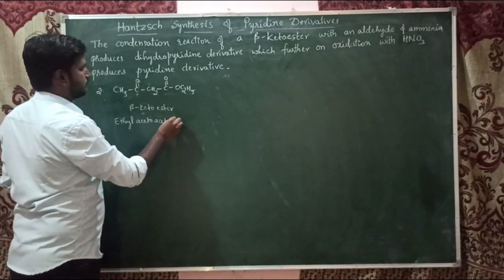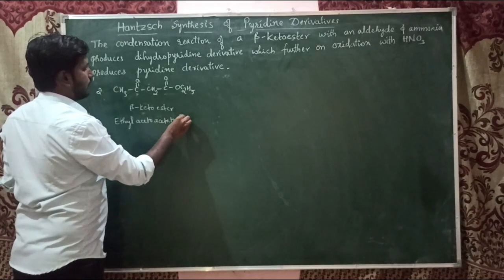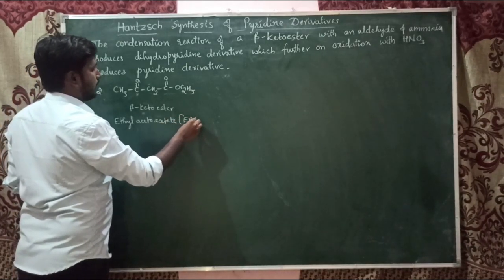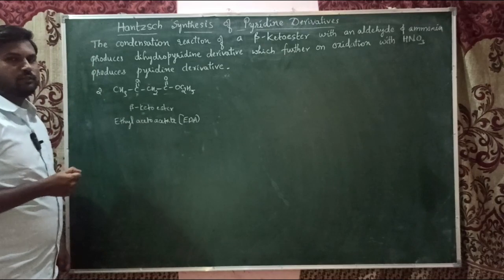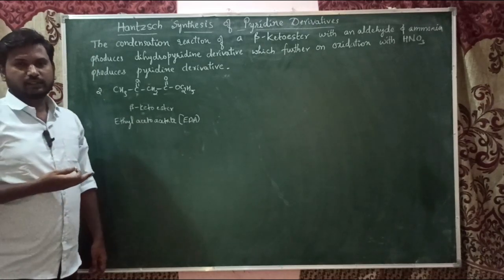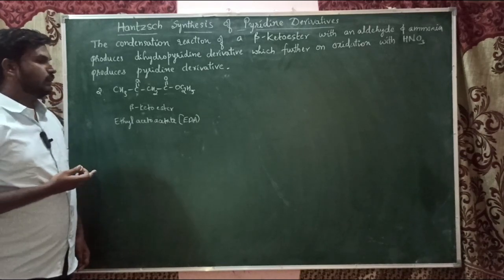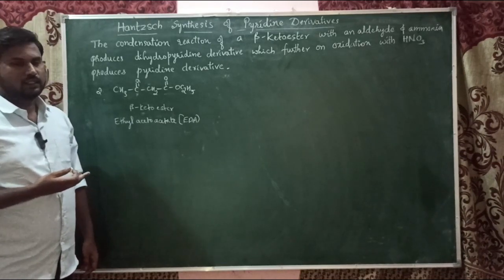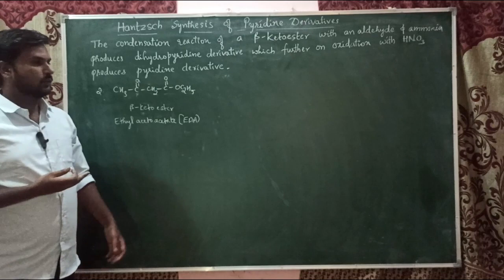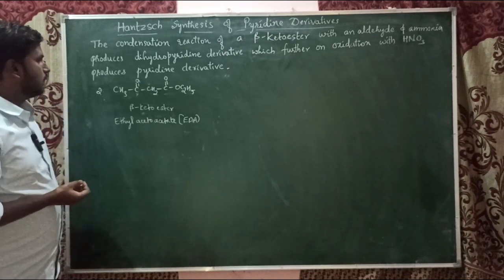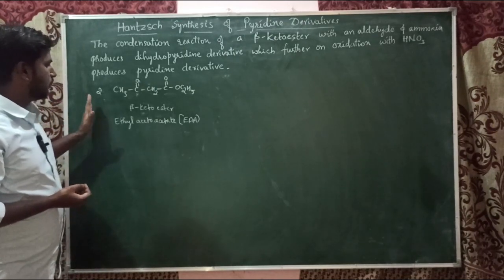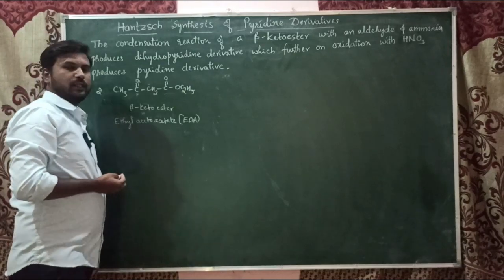It is one of the very good reagents for most of the organic synthesis. This EAA and DEM, diethyl malonate, those 2 compounds you have studied in the synthesis via enolates method. So this is an example of a beta keto ester.